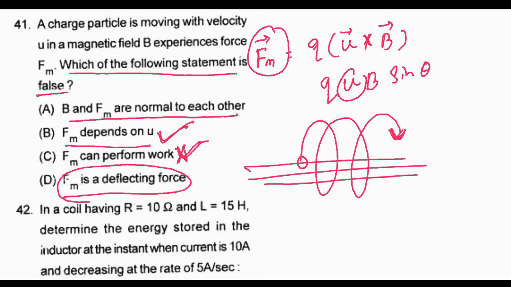That means the charge direction, suppose this one, and the force direction will be like this. This is a 3D diagram, so I am not representing it accurately, but this is a deflecting force. So here the answer is option C.